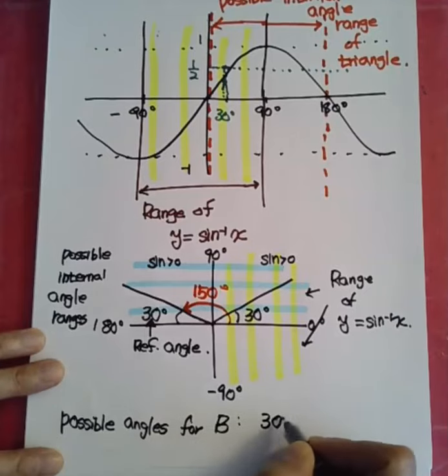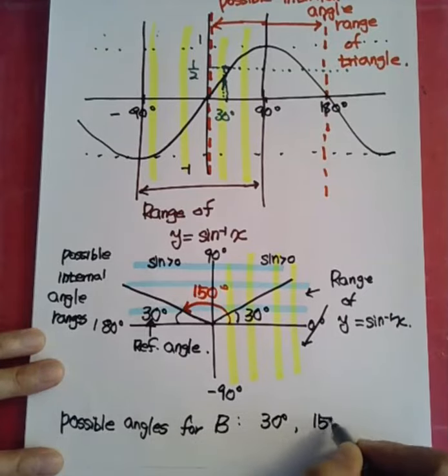Those are 30 degrees and 150 degrees. So what I was saying was sine of 30 degrees equals sine of 150 degrees. That is 1/2, the same value.